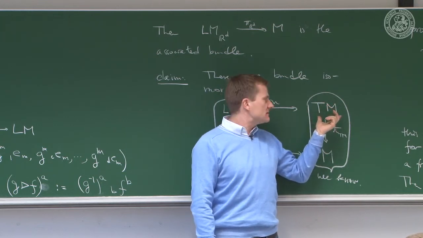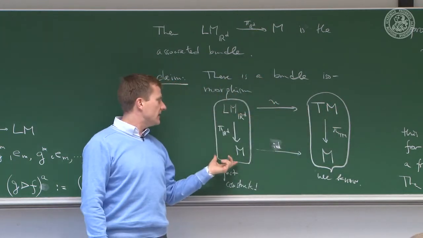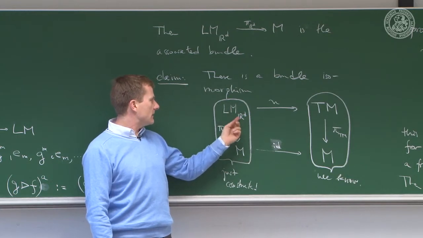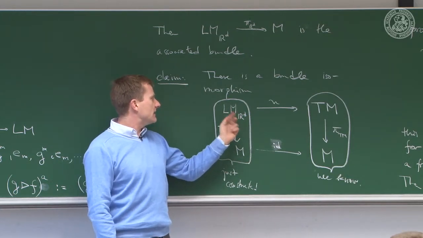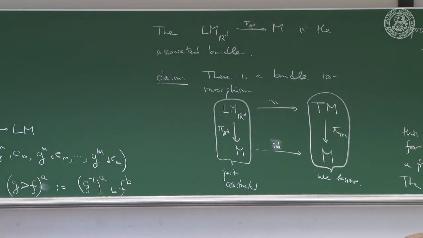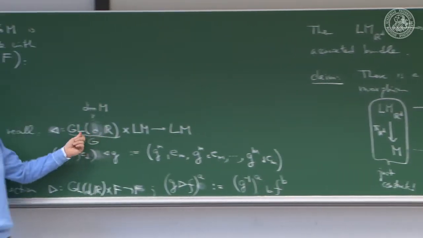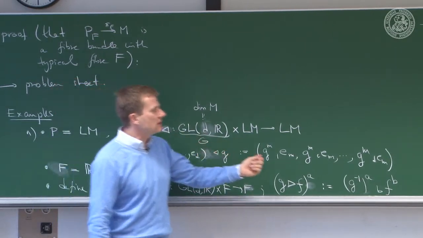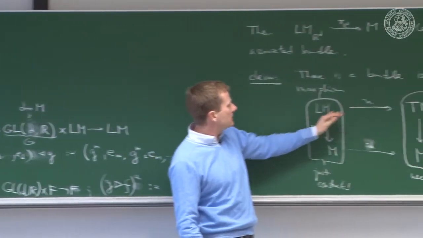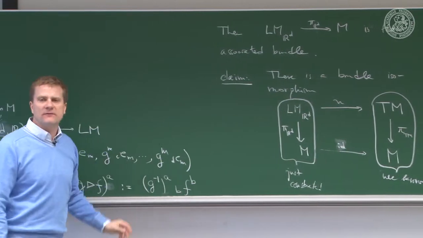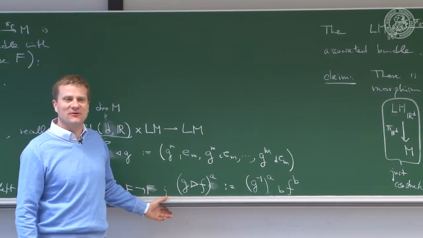If you want to make this precise, you take the frame bundle, but you then try to restrict, and we'll come to the conditions under which circumstances this is possible, the group you're using in the underlying bundle. You restrict the group to whatever group you like, if it's possible at all.